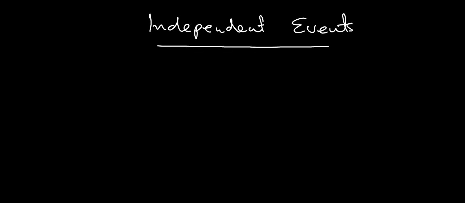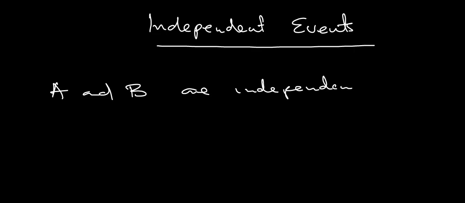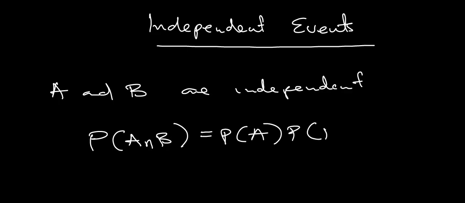They're saying if events A and B are independent, so we talk about independent events. If A and B are independent, it means that the probability of A intersection B is just equal to the probability of A times the probability of B. That's how we treat our independent event.